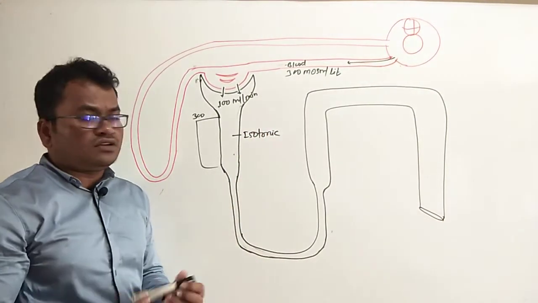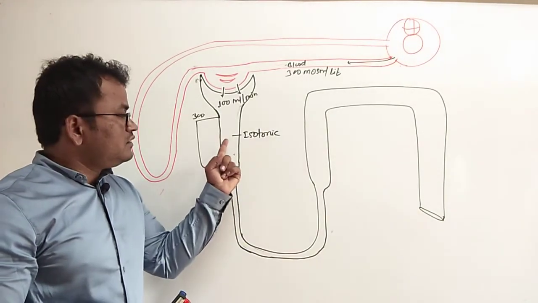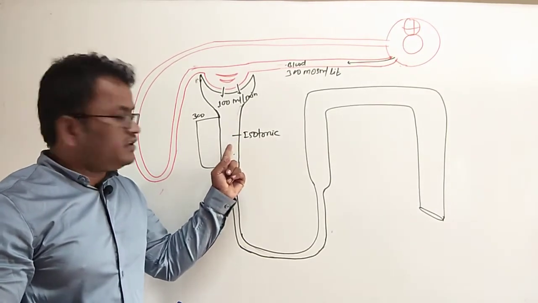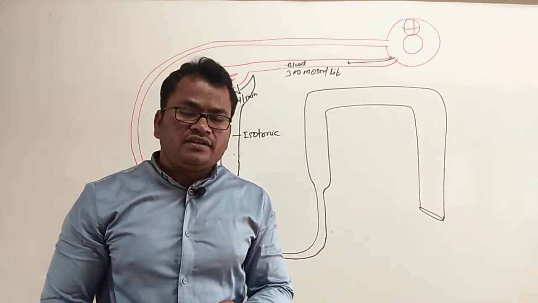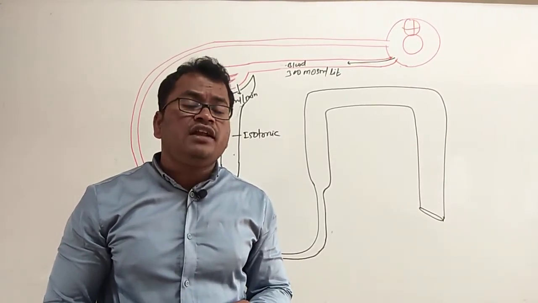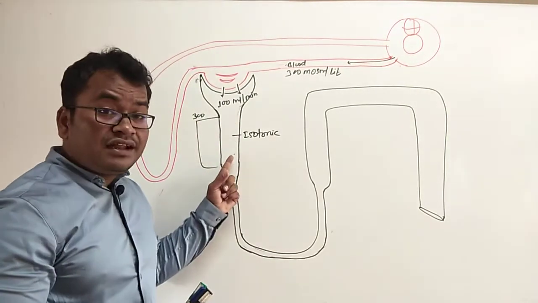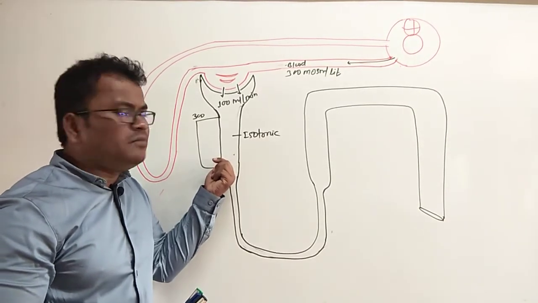From the filtrate in the PCT, reabsorption takes place by the cuboidal ciliated epithelial cells, and these cells reabsorb the maximum filtrate.